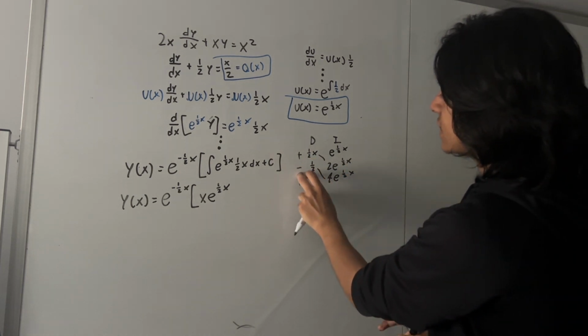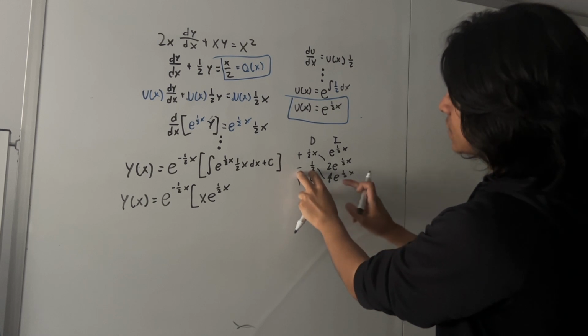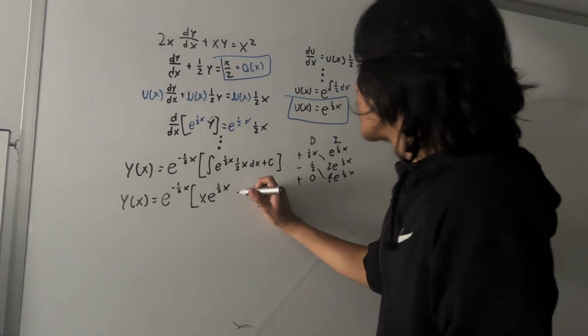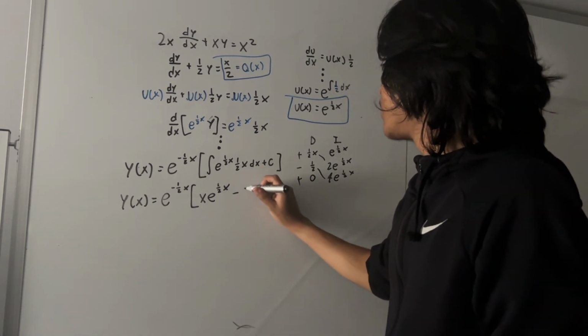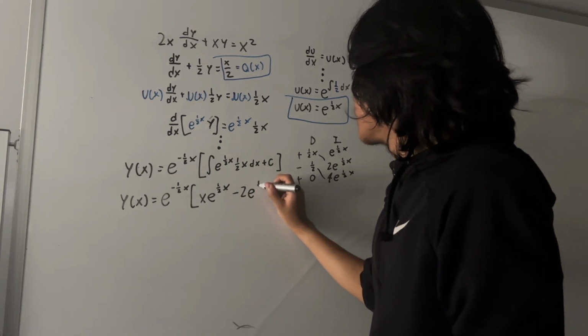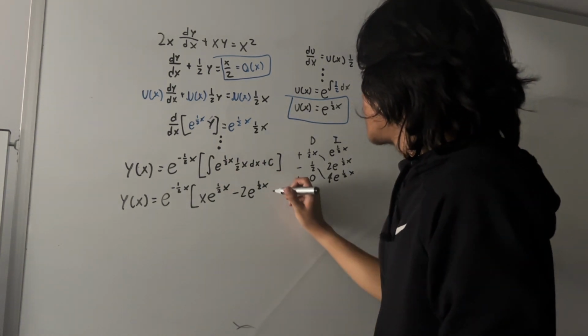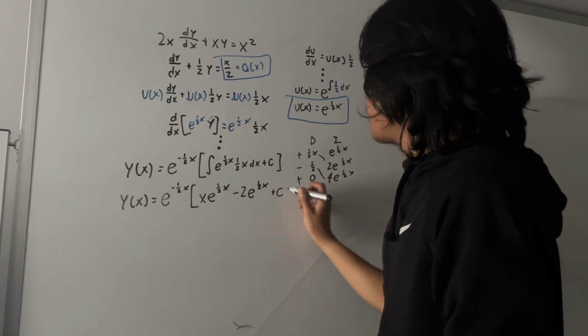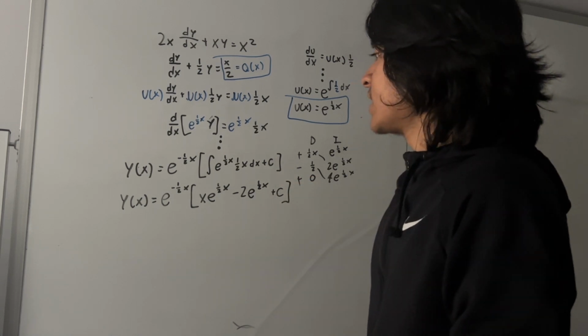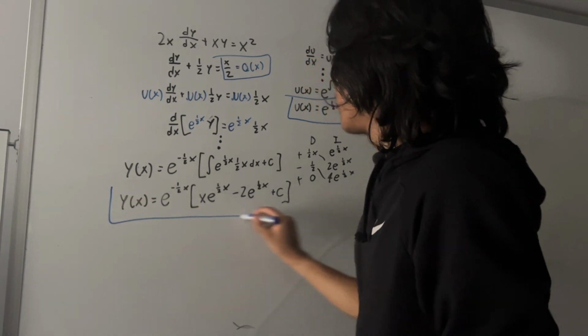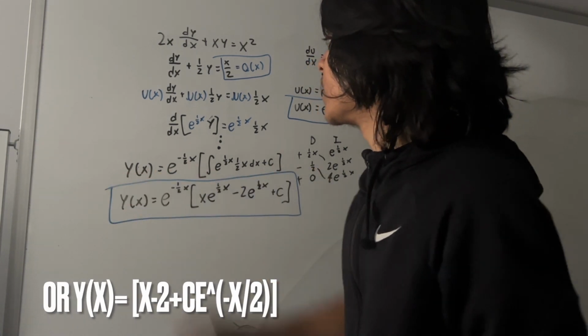Now we're multiplying this -1 times this 1/2 times that. So now we get left with minus 2e to the 1/2 x. Then we have our plus c.